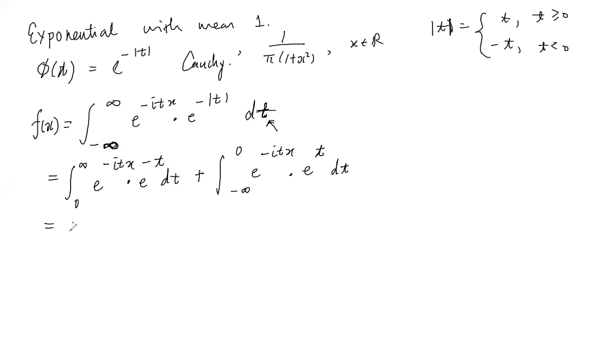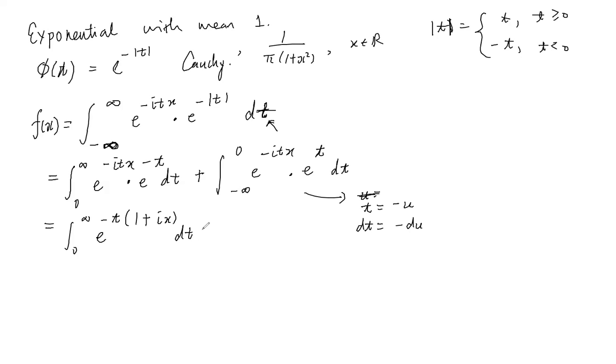So this one here is easy. You have e of minus t times 1 plus ix, dt. For this one you make a change of variable. Let's say you change t equals minus u, so your dt will be minus du.